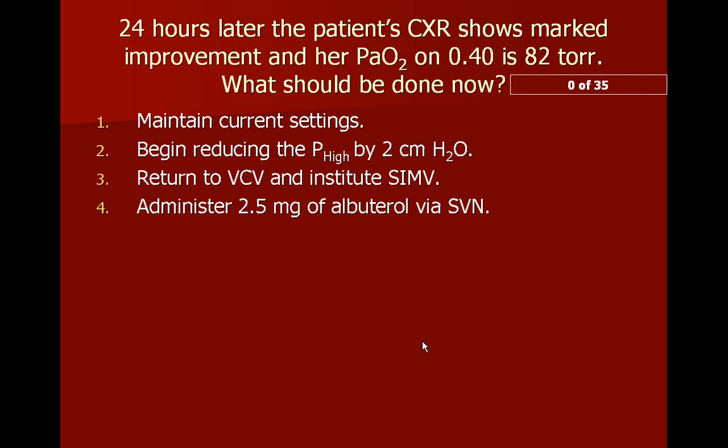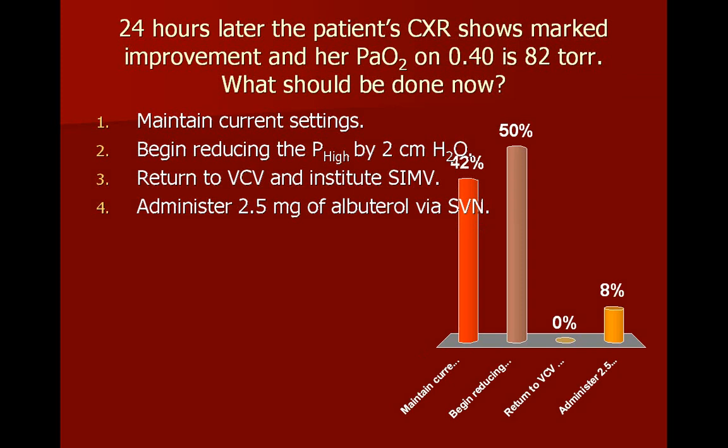24 hours later, her chest X-ray shows marked improvement. PO2 on 40% is 82. What should be done now? Let's see what you guys say.